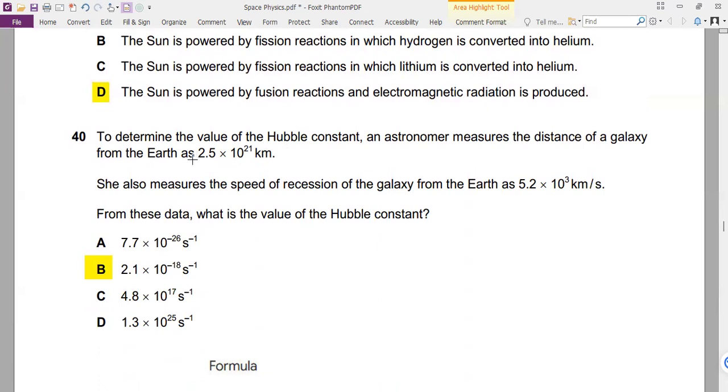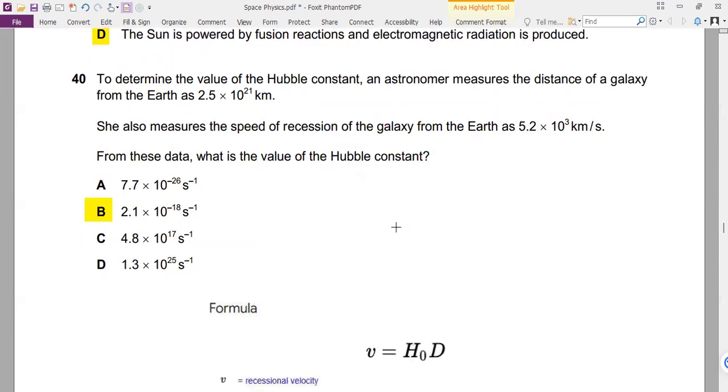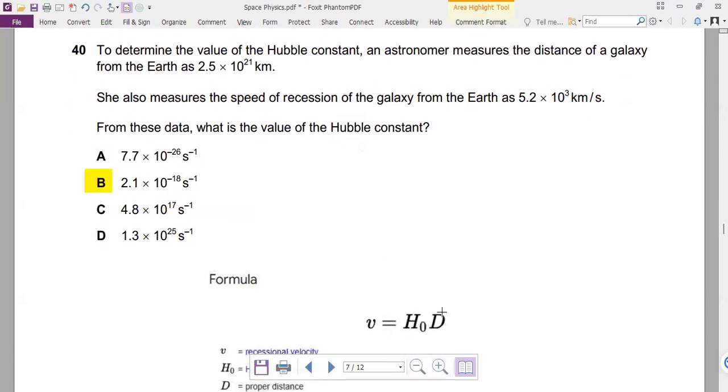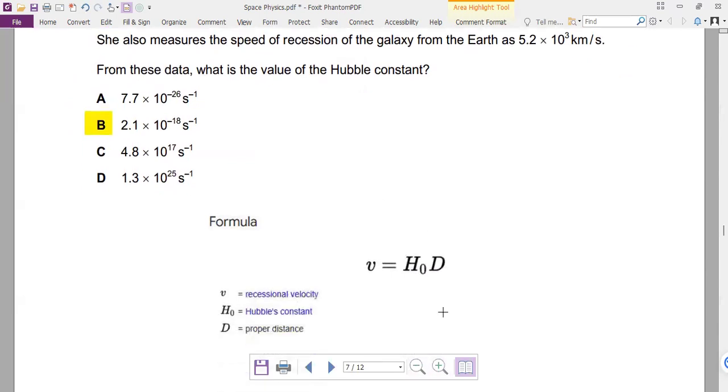We have two values. We have the distance and we have the speed. We have to calculate Hubble's constant. Formula is this. Just put the values. Remember this formula. It's not very hard. H naught is speed divided by distance.